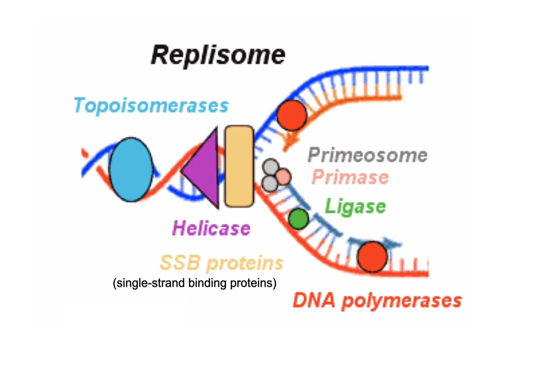And building up a little more to show a few more details again, here's the topoisomerase, which is unwinding the DNA by cutting one or both strands and releasing some of the tension. There's helicase and single-stranded binding proteins, which are zipping open this DNA, separating the two strands so that the DNA polymerase can pop in there.